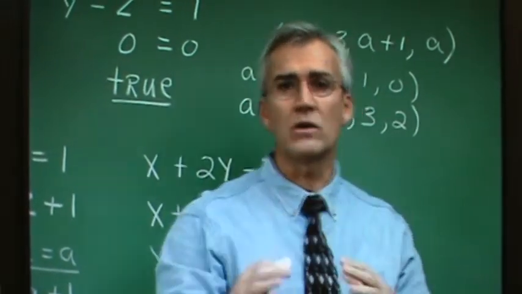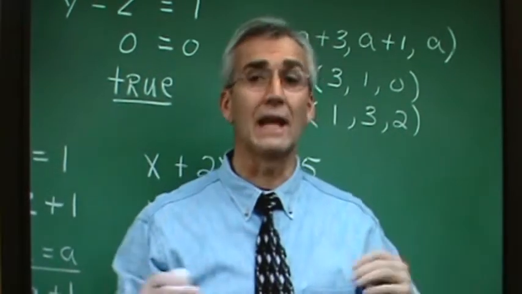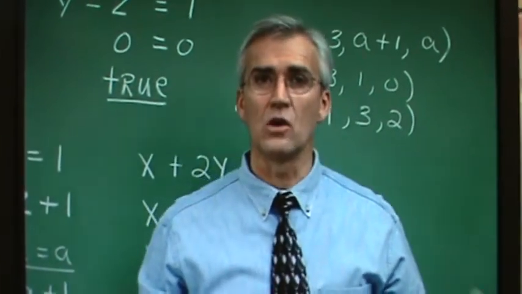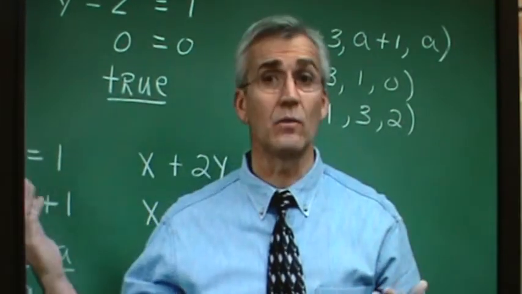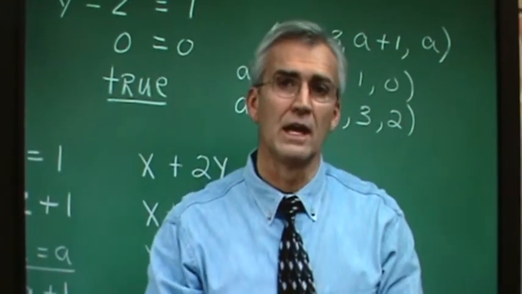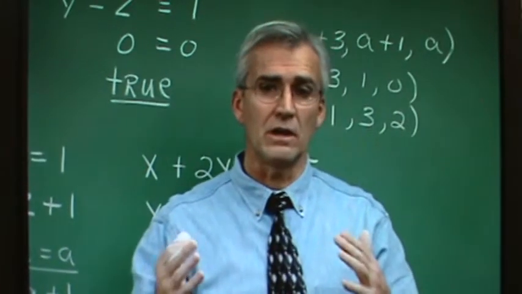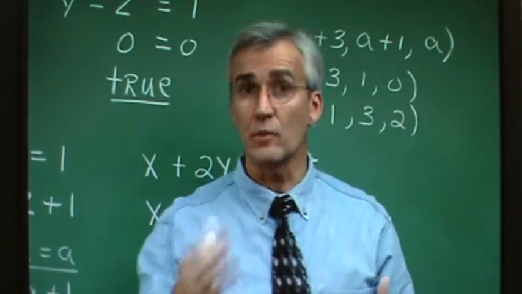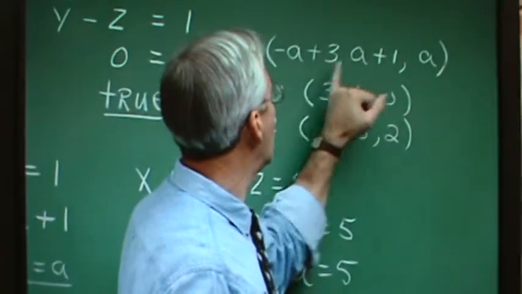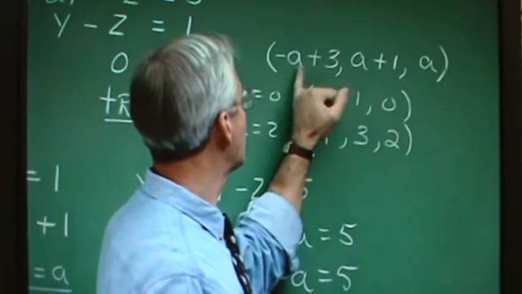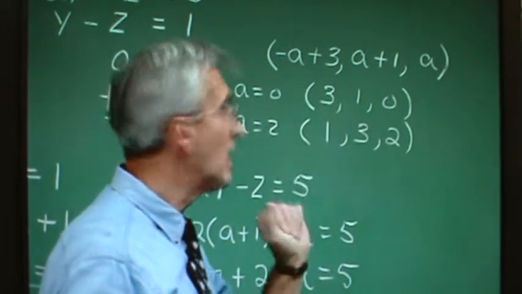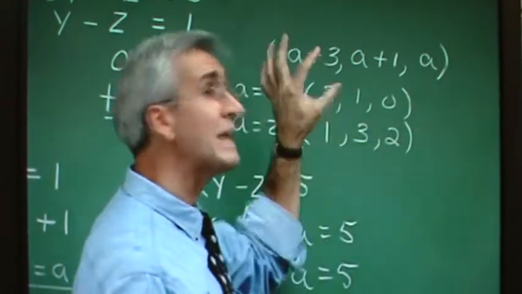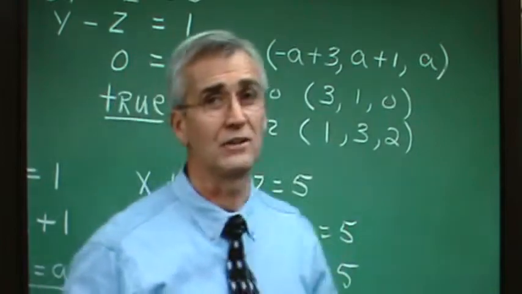And by the way, we could have just let x take on the value a. We could have let y take on the value a. And here we let z take on the value a. It'll work if a takes on the value of any of the other letters. We would just have a different expression for the other items in the ordered triplet, but the set of solutions would be precisely the same.